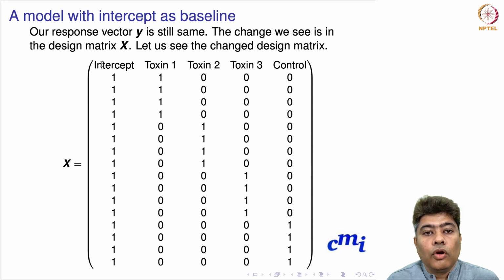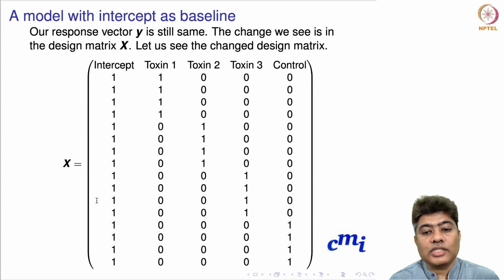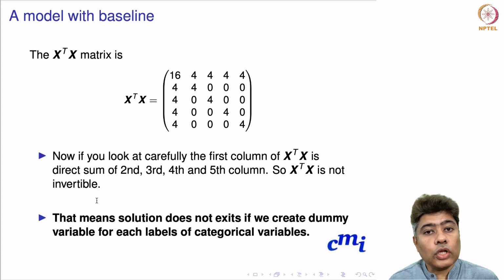It means your first column is fully dependent on the second, third, fourth and fifth columns. This is not a good thing, because X transpose X has the same problem. The first column of X transpose X is simply the sum of the other columns, and it is not invertible, so you will not have a unique solution.